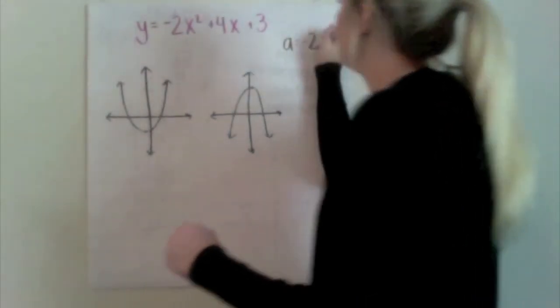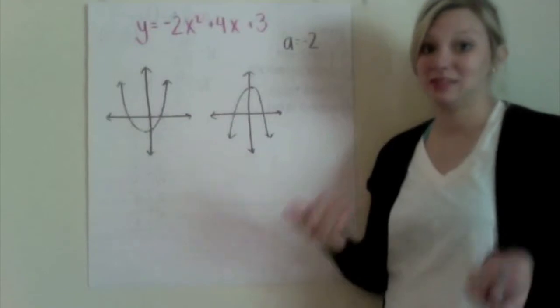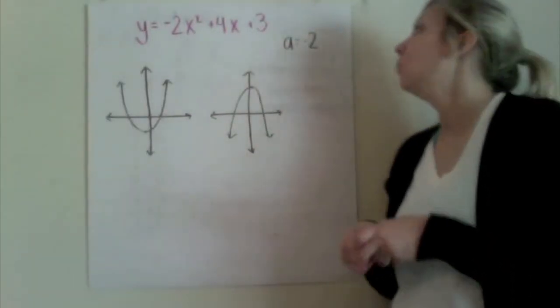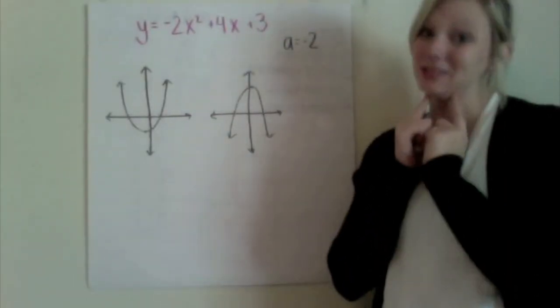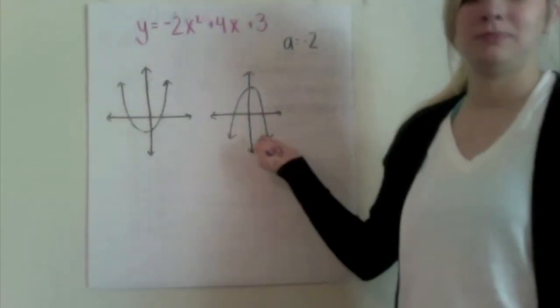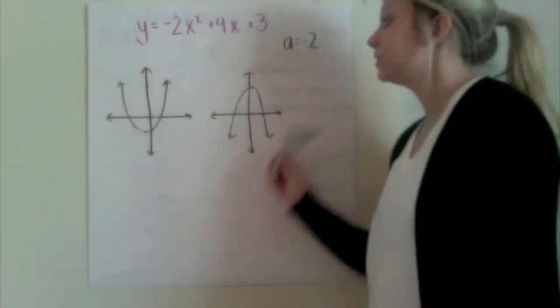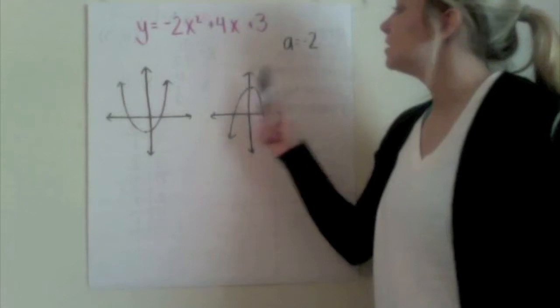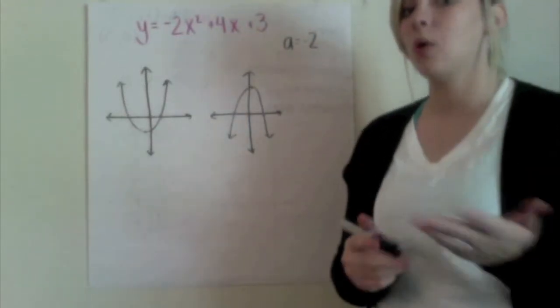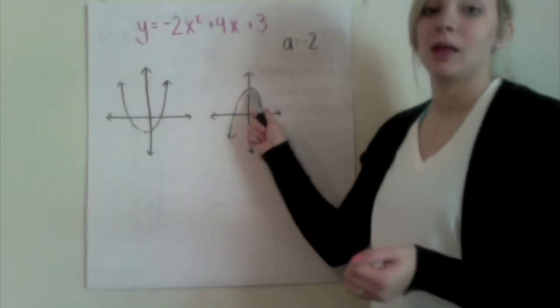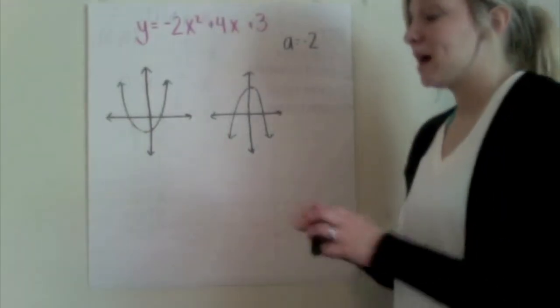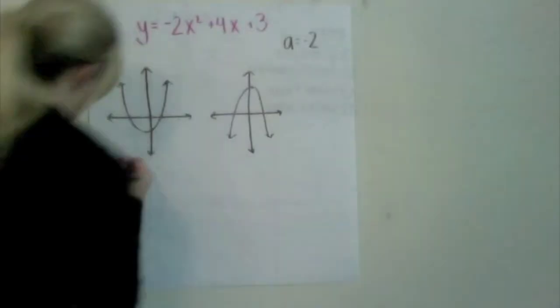Now, is that going to give us a happy parabola or a sad parabola? Well, A is negative, which means we're sad, so we're opening down. Since we're a sad parabola, that means that our highest point, our vertex, is going to be the maximum. Now that we know we have a maximum point, we can write that we're looking for a maximum.